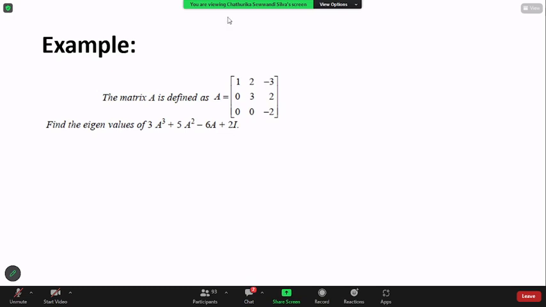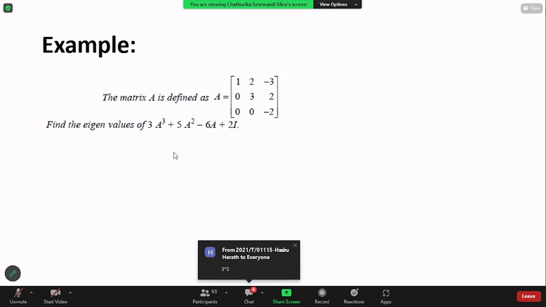If A is 3 by 3, then what is the dimension of A to the power 3? You need to check the dimensions. 3 by 3.